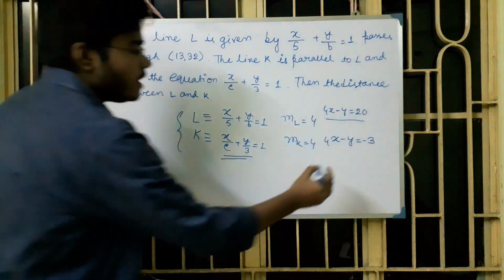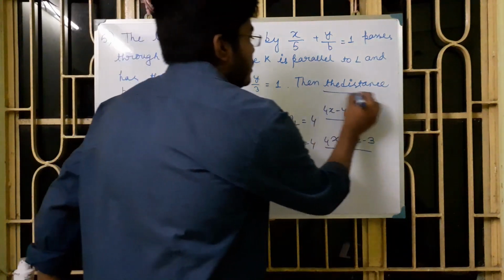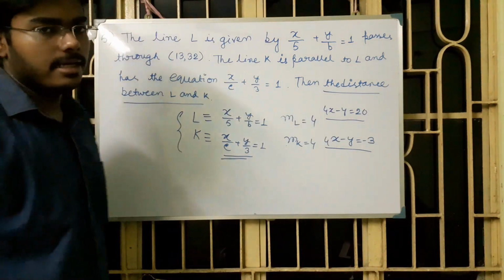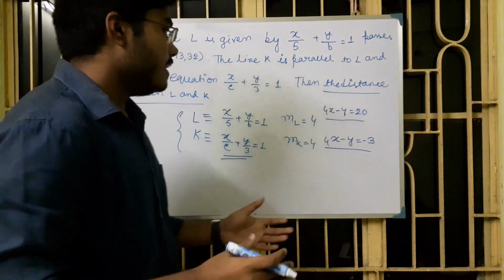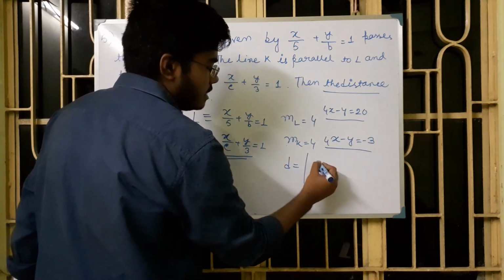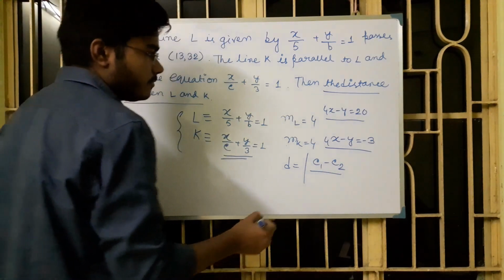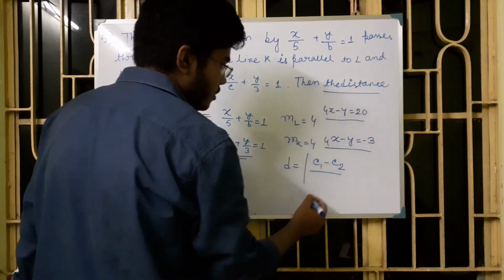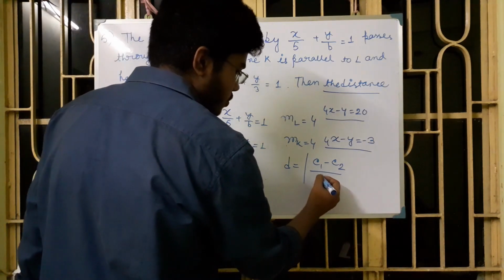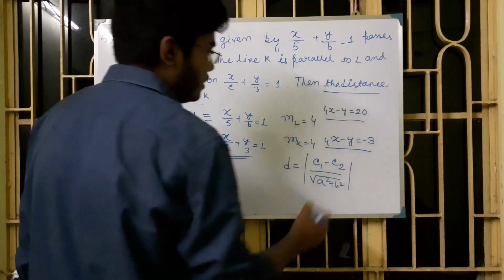Okay, so now we have to find the distance between L and K. We already know that the distance between two parallel lines is mod of C1 minus C2 upon root over A square plus B square.